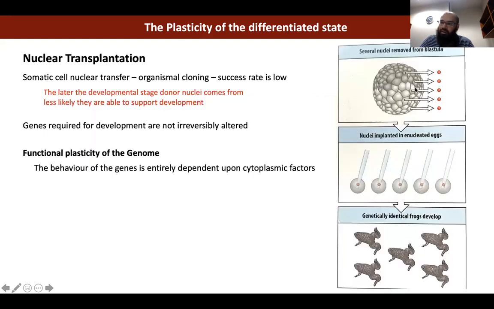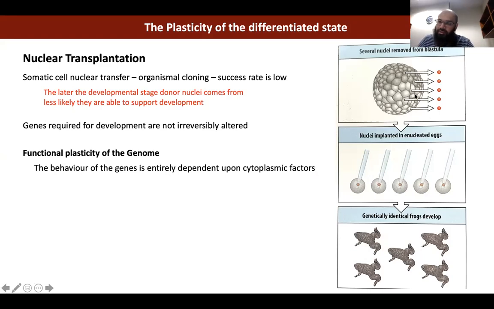But if you take cells from the blastocyst stage, from the earlier stages of development instead of late adults, and put them back into an egg, they develop into the full animal. That tells us that there is some degree of restriction in adult cells, so that they cannot completely go back to the embryonic stage.